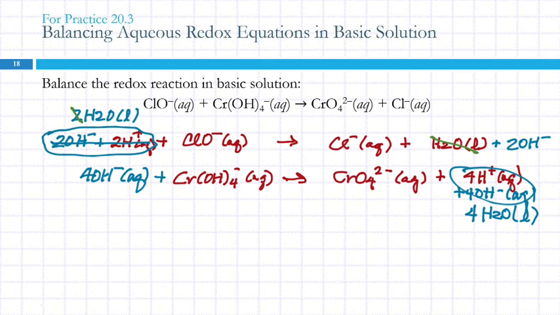This one doesn't have any H2Os over there, so I don't need to cancel anything out. Charges. So I think this is the new part, and that's the tricky part, right? Anybody have any questions about that?